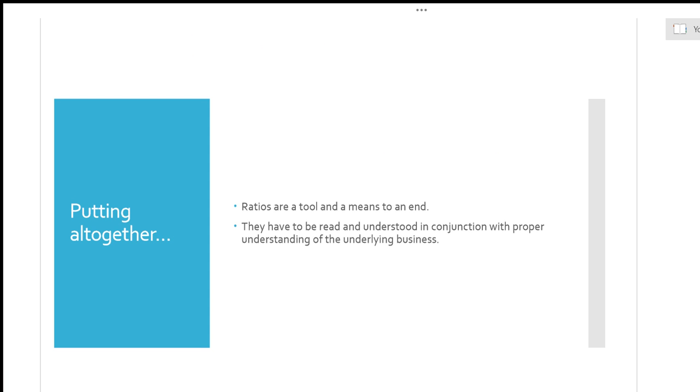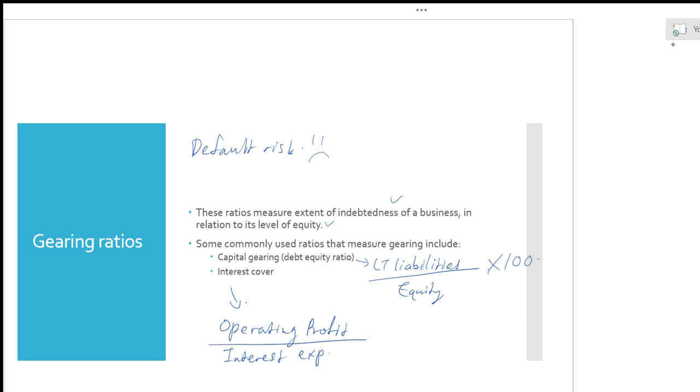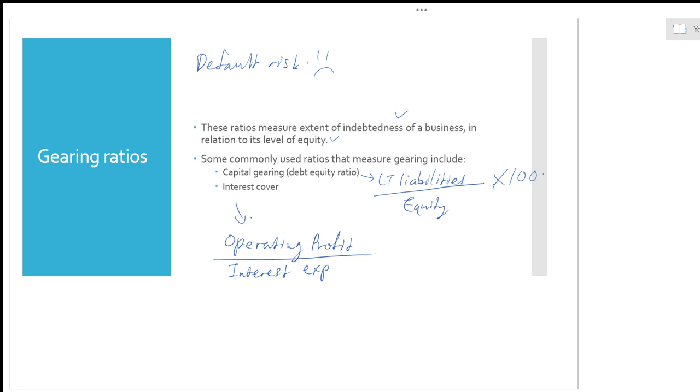Right. Now, I'd like to point out one more thing before I move on. Are there any ideal ratios for gearing and interest cover? The answer is no, because it depends on the industry. The type of industry that a business is in will define what is an appropriate level of gearing and interest cover, right?